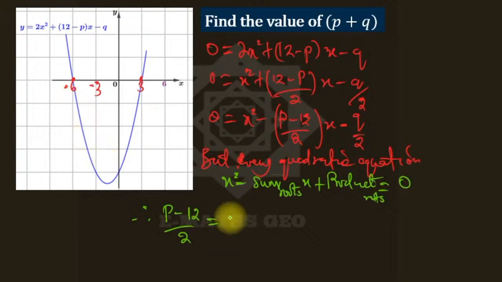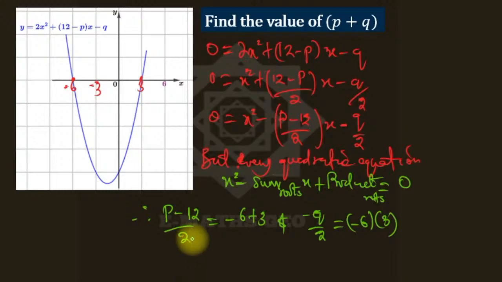The sum is minus 6 and 3, so minus 6 plus 3. And the product of the roots, which is minus q over 2, is equal to minus 6 times 3. So with that, we'll get p and q. So 3 minus 3 times 2 is minus 6.